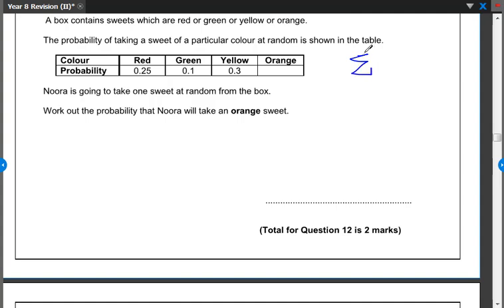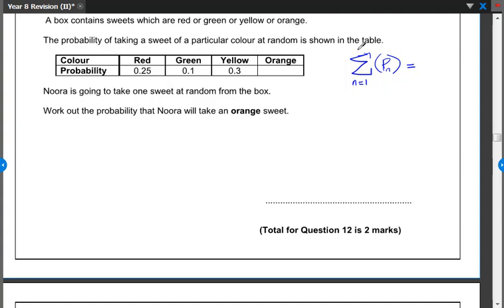So if you want to be technical, it's the sum of all probabilities from n equals 1 to whatever the limit is.